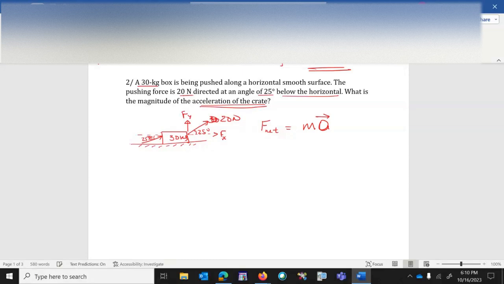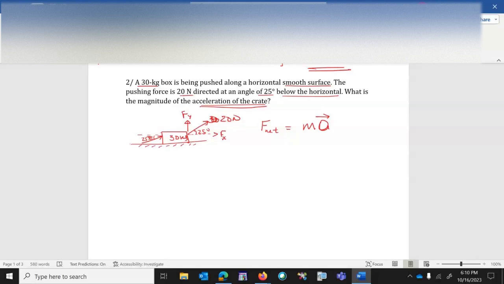This is a smooth surface, there is no friction, so there is nothing that retards the motion of this object. Friction cannot be exactly zero, but we assume that friction is zero.